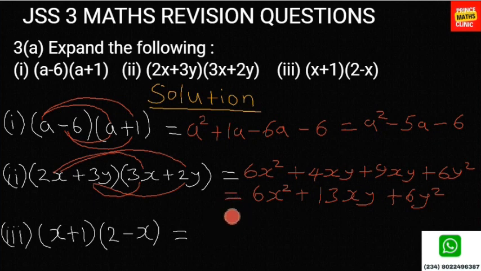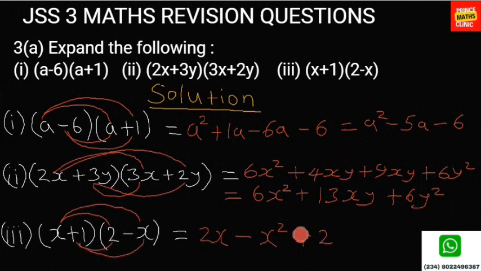Then the third one, we have it to be this. So x times 2 is 2x. Then x times minus x is minus x squared. We are done with that. So 1 times 2 is positive 2. Then 1 times minus 1x is minus 1x. Good.